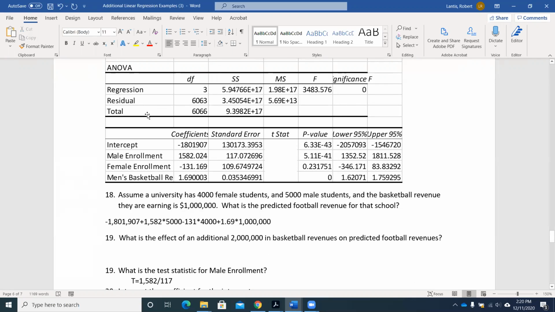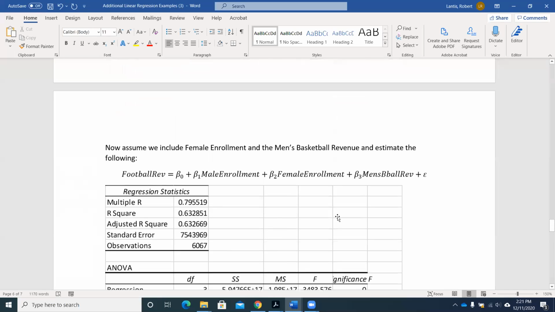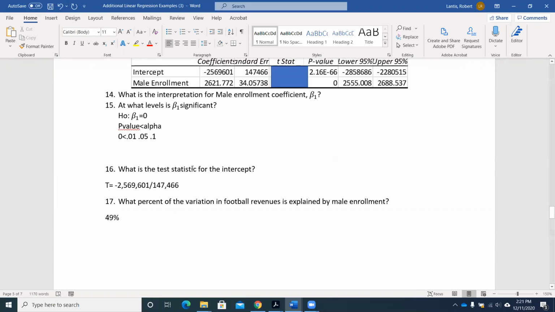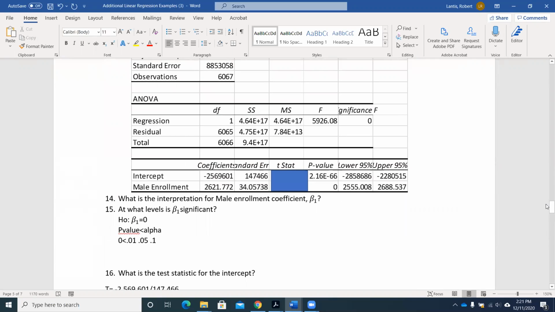Well, if I know the effect of $1 increase of basketball revenue is 1.69, to get the effect of 2 million, I would simply multiply that by 2 million. And that would give me the predicted increase in football revenues from a $2 million increase in basketball revenues. Okay? I mean, that's really the only kinds of questions I'm going to ask you related to linear regression.